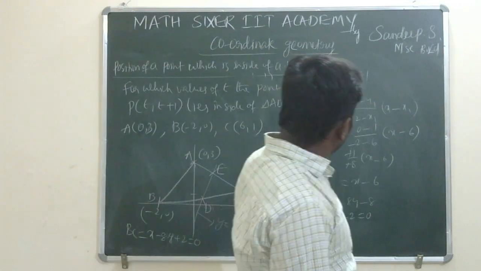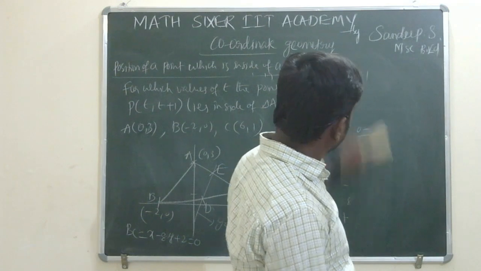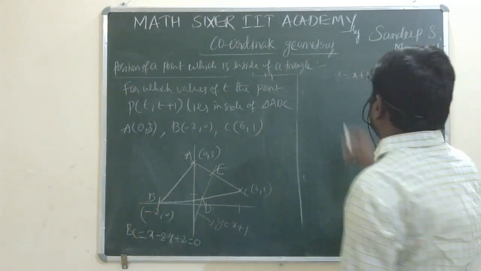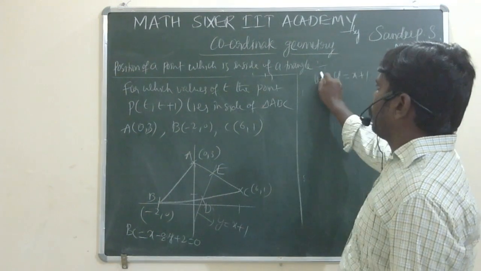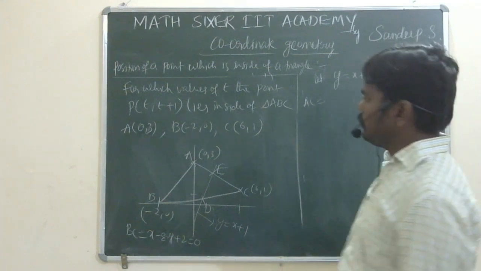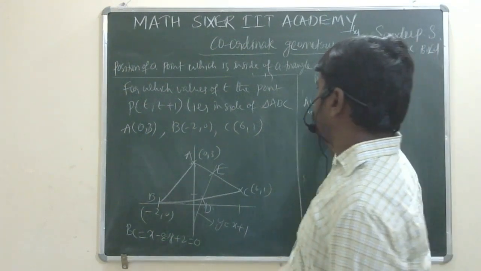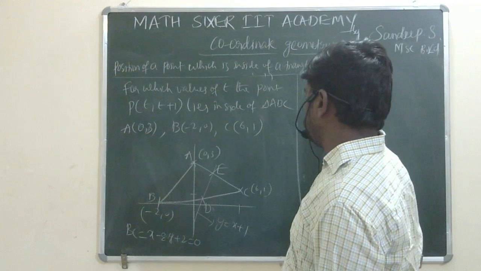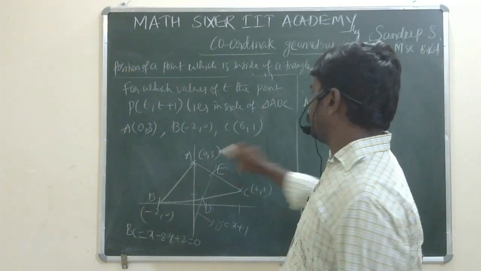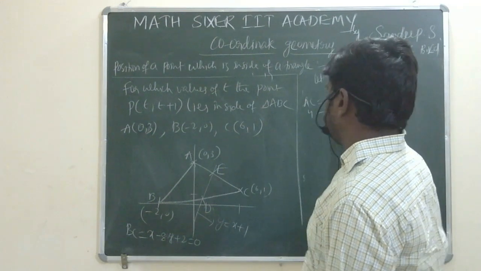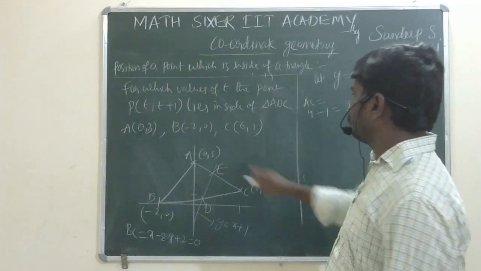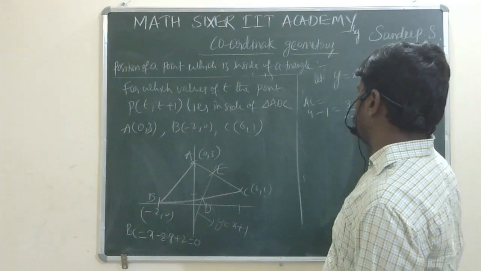Now we have to find AC also. Here y minus y1, taking y1 as 1, equals (y2 minus y1) divided by (x2 minus x1) into (x minus x1), where y2 is 3, x2 is 0 and x1 is 6.